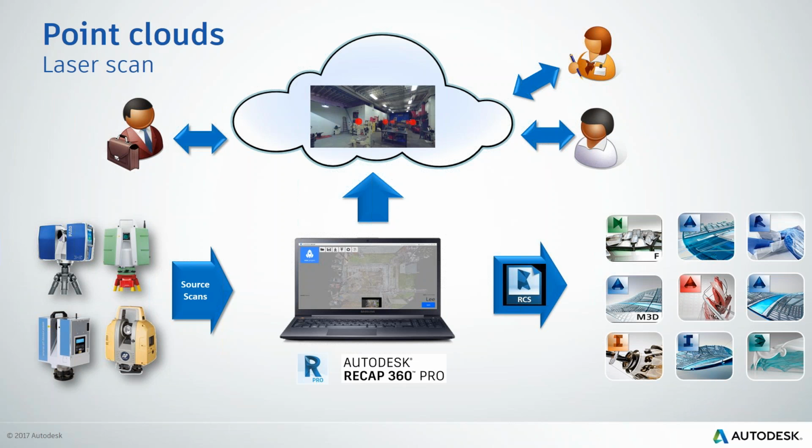But more importantly, we can produce files which are later shareable within our portfolio. So I can bring these point files to AutoCAD, Infraworks, Civil 3D, basically different products which we can use throughout the process.